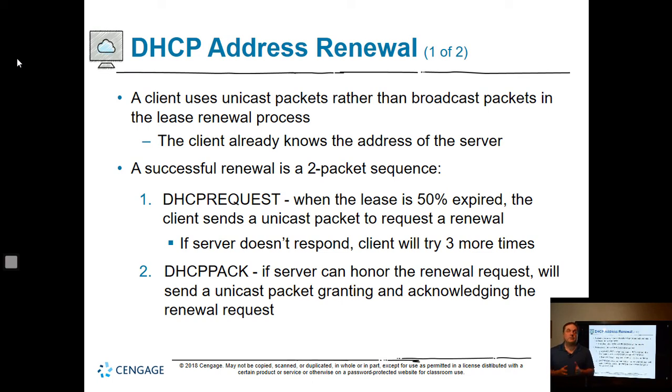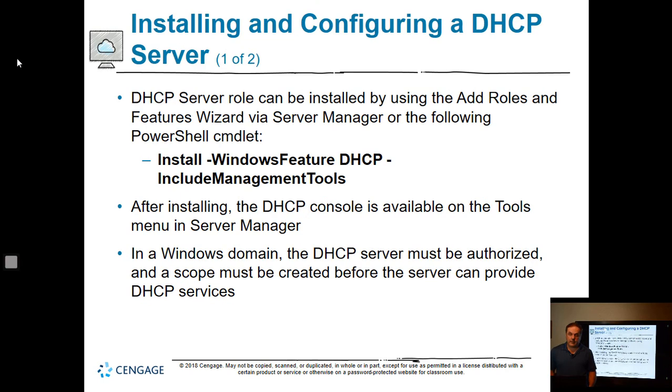And remember, unicast is 1-to-1, multicast is one-to-many. So a unicast packet goes off to the server and says, hey, I need to get a renewal before my lease runs out. If the DHCP server can't respond, then the client will try 3 more times before it gives up. Eventually that lease will run out and the IP address will drop, and then the computer will no longer be able to communicate with the network.